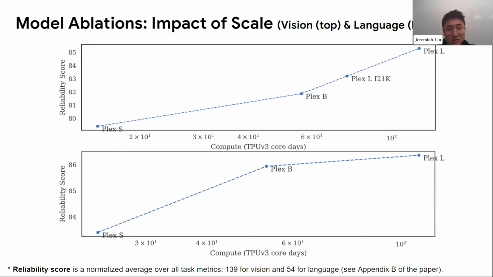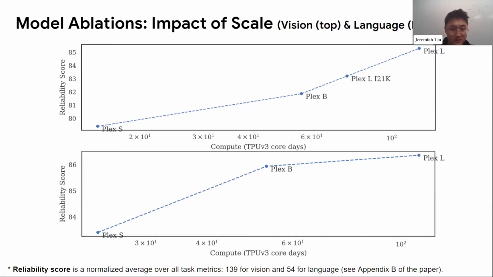What you see here is the x-axis, which is the overall compute days needed to train a model, and the y-axis is the so-called reliability score, which is computed by aggregating all the performance metrics across all the different tasks that Dustin introduced earlier.